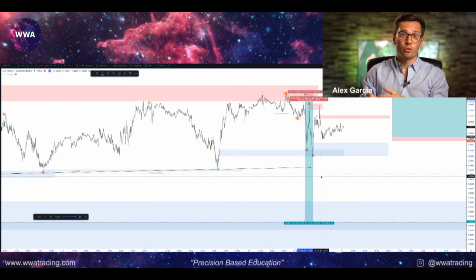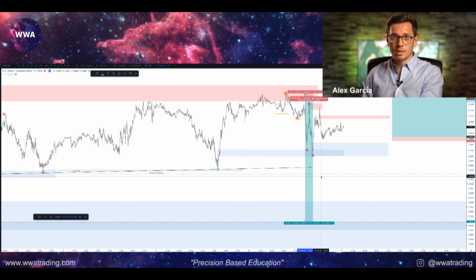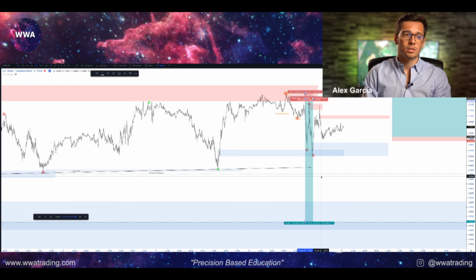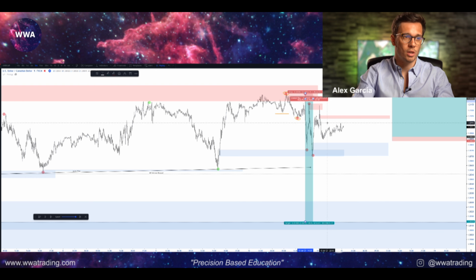So when we are formulating our idea, I'm understanding where the sell is coming from, where potentially the buy can come from, and where I can risk some percentage again, because price action is showing me some bullish intent to go to the upside.